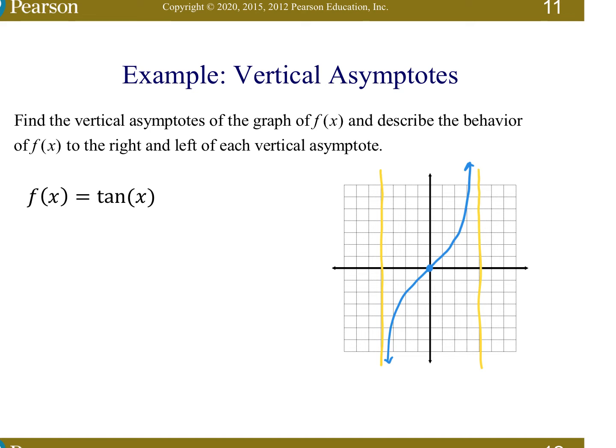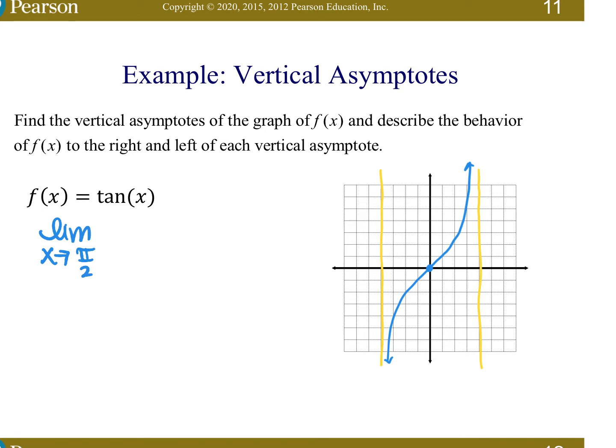Okay, you try. Come on, you can do it. Okay, limit as x approaches pi over 2. What side of pi over 2? You have to specify. Negative.